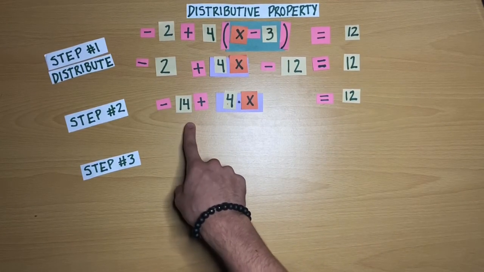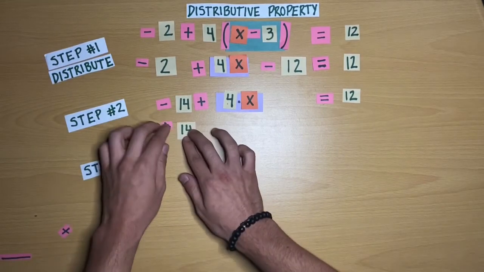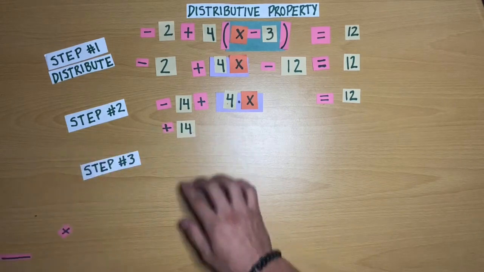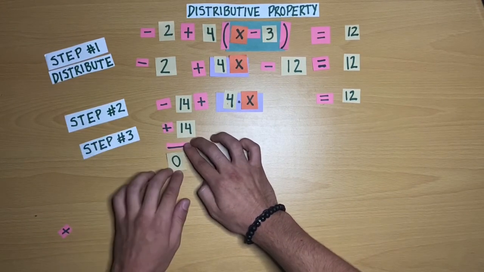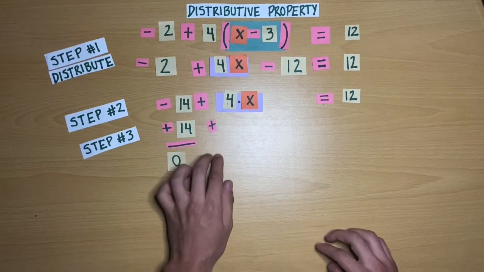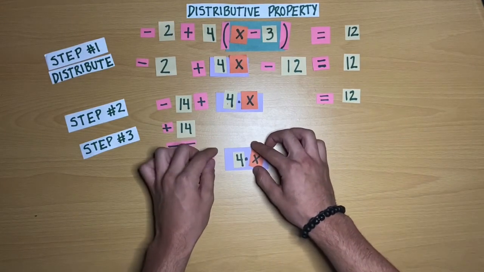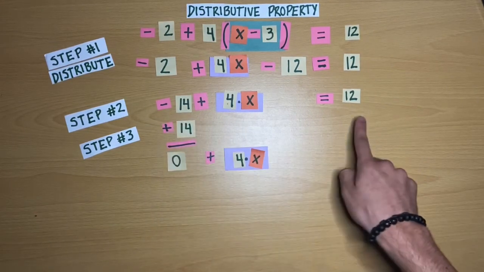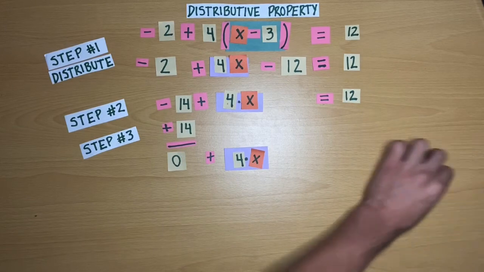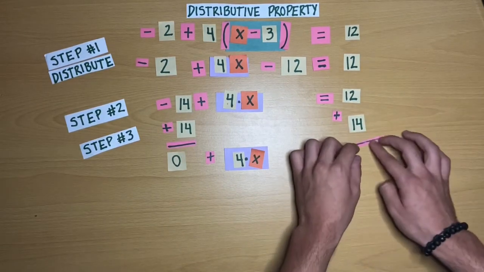Because the inverse of -14 is +14, so -14 plus 14, that's 0. And we still have this plus 4x. And now what we did to this side was plus 14. So we must do plus 14 over here. That is a rule. There's no exception to that.